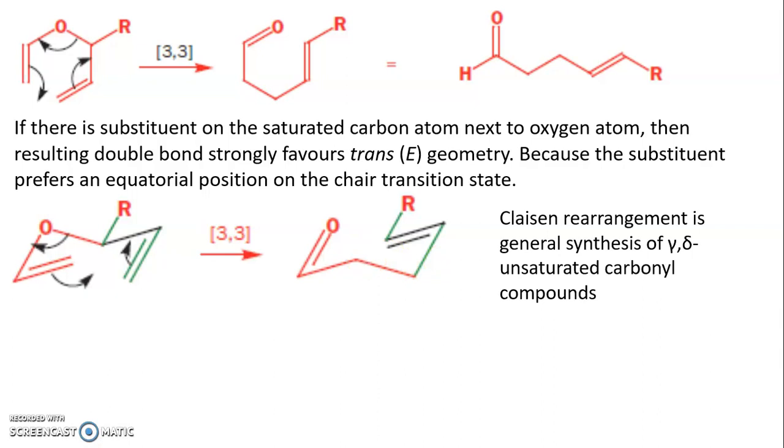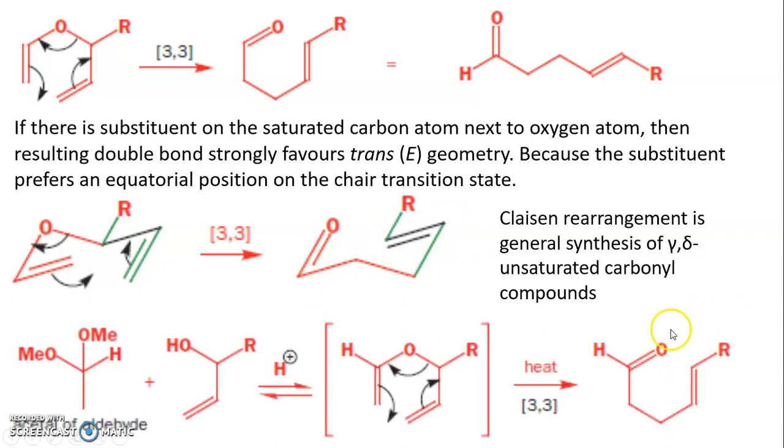So we can say that Claisen rearrangement is a synthesis of gamma, delta unsaturated carbonyl compounds. One such application I have given here, showing how this gives you the gamma, delta unsaturated carbonyl compound.